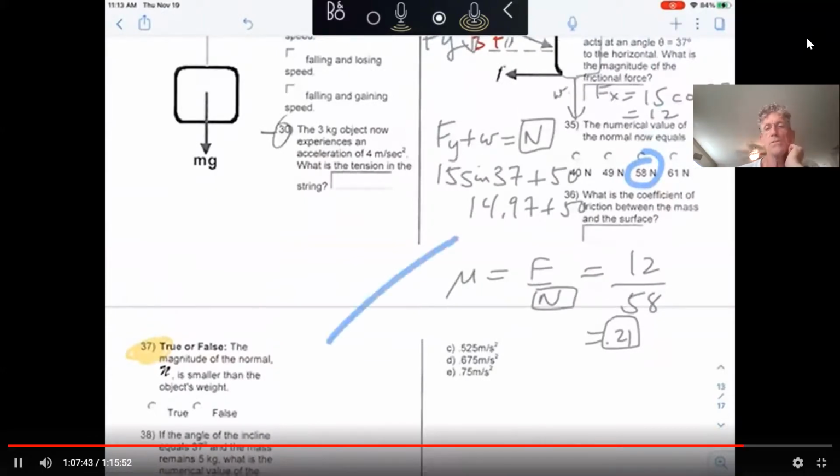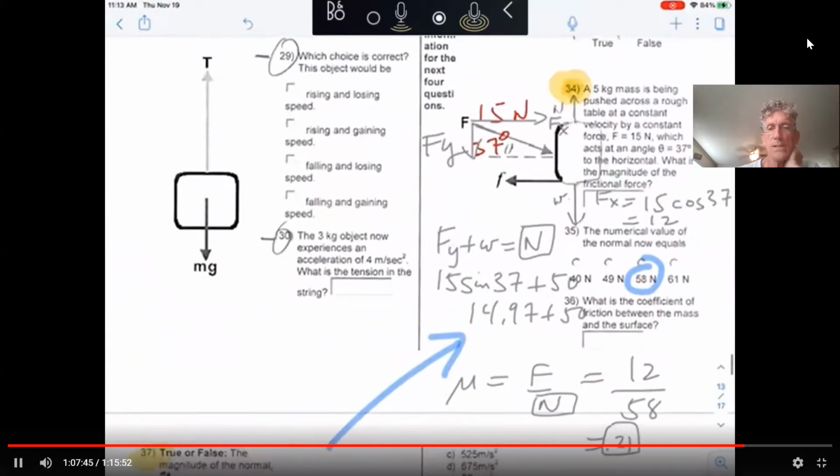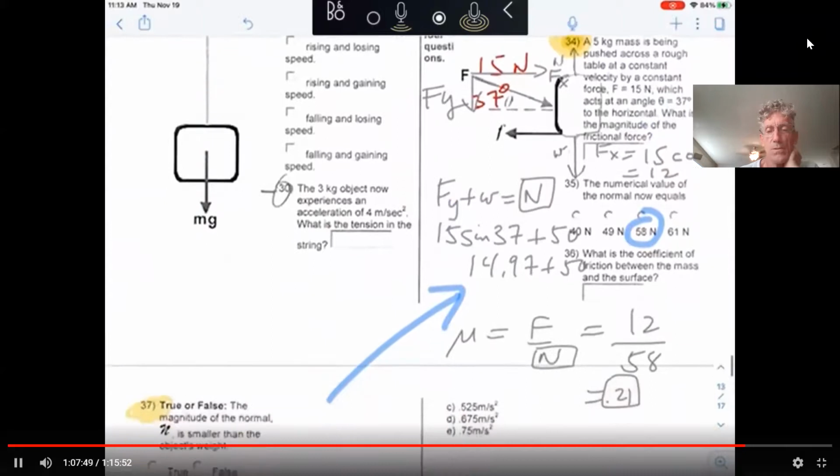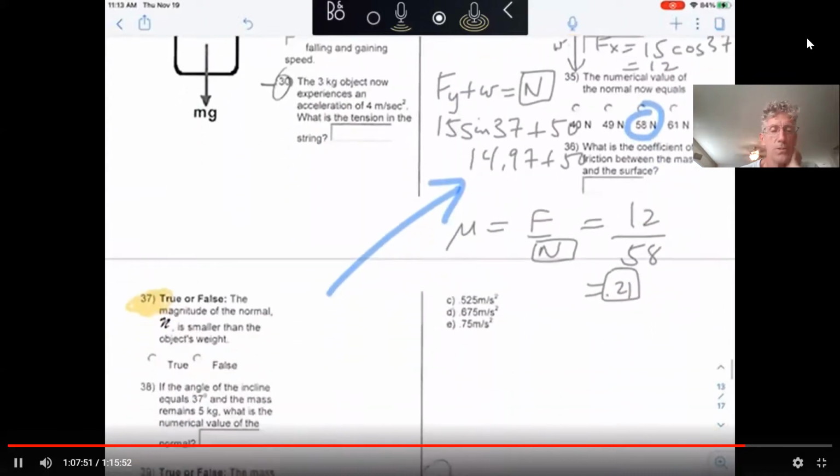If you're on a scale and someone's pushing diagonally down on you, the scale reading N is going to be greater than the object's weight, so that's false. Okay, circle false.